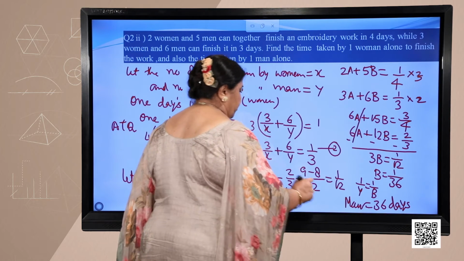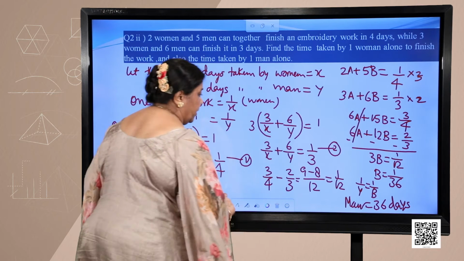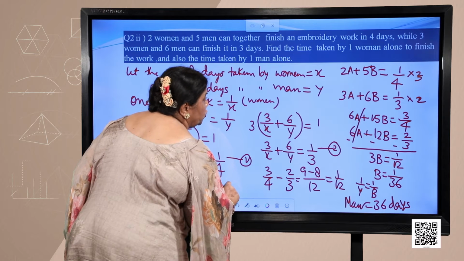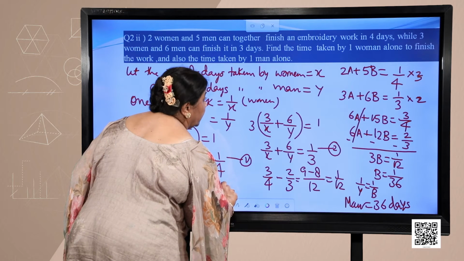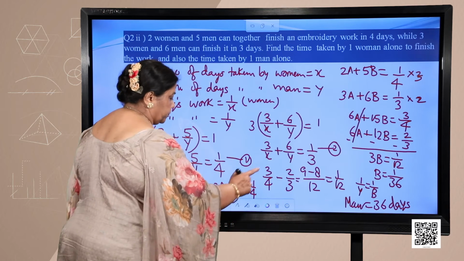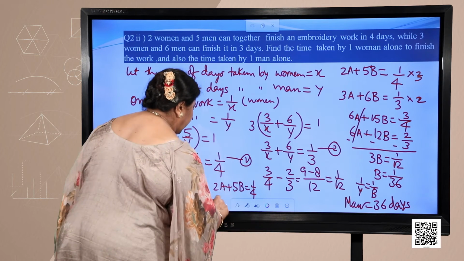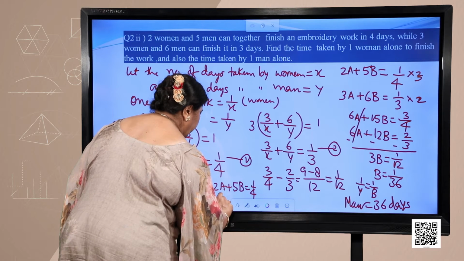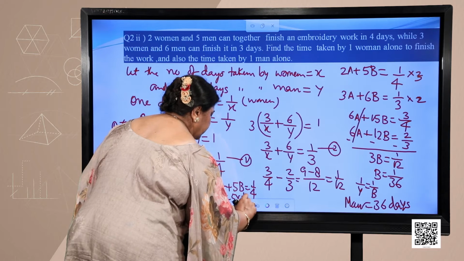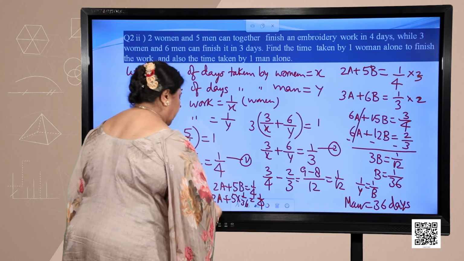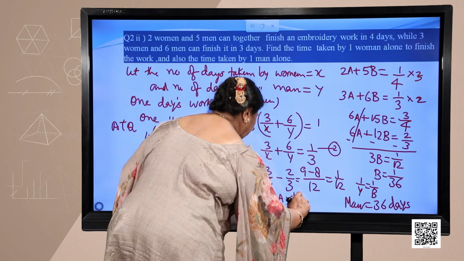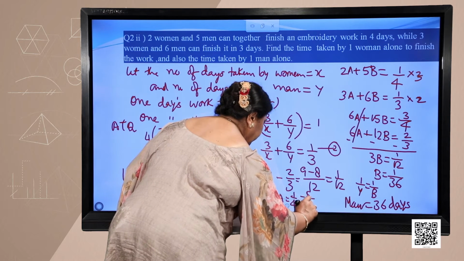Let us find out for women. I can take any equation here. Let me take 2a plus 5b is equal to 1 upon 4. What is the value of b? 1 upon 36. So, 2a plus 5 into 1 upon 36 is equal to 1 upon 4, or 2a is equal to 1 upon 4 minus 5 upon 36.